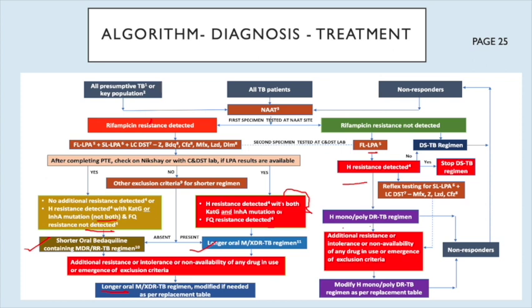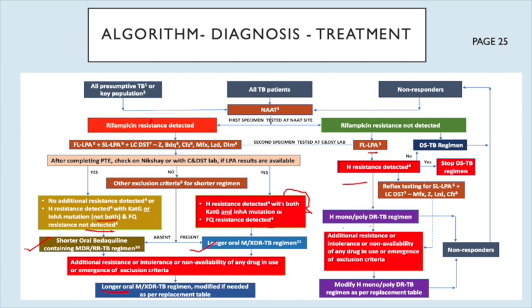What I have frequently seen is that if rifampicin is not resistant, we do not go ahead and try to find out resistance for other drugs. This has to change. So even if rifampicin is sensitive, do an LPA, see if INH is resistant or not. And if INH resistance is there, we have to treat with the H-mono poly-DR TB regimen. And if that shows non-tolerance, then we modify it.